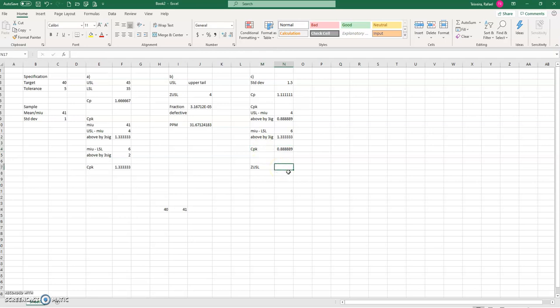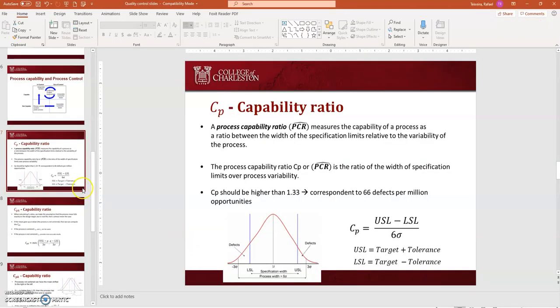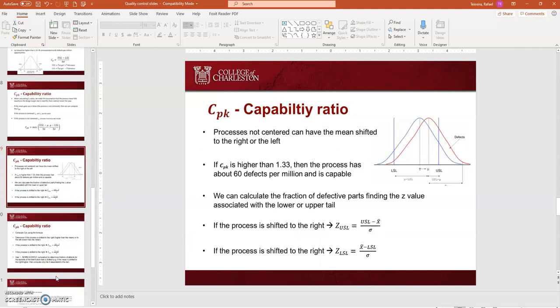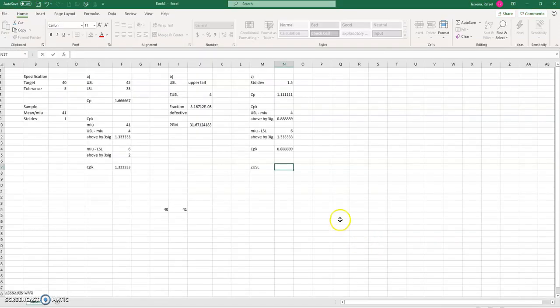So the z value, just to show you the formula, comes from this here. The z value in the upper specification limit is this formula. This is what I'm going to do. So z is equal to the upper specification limit 45 minus the mean.